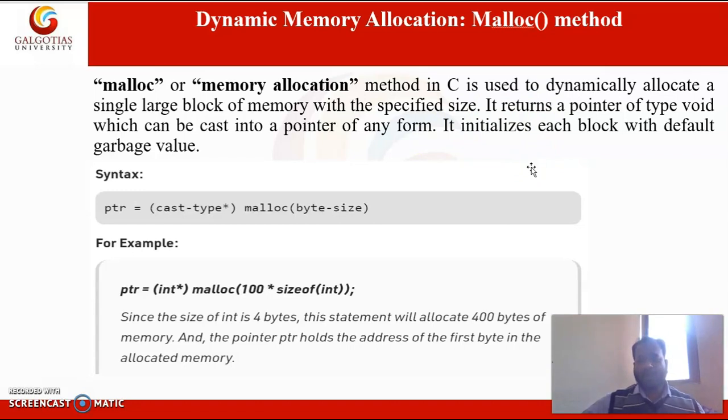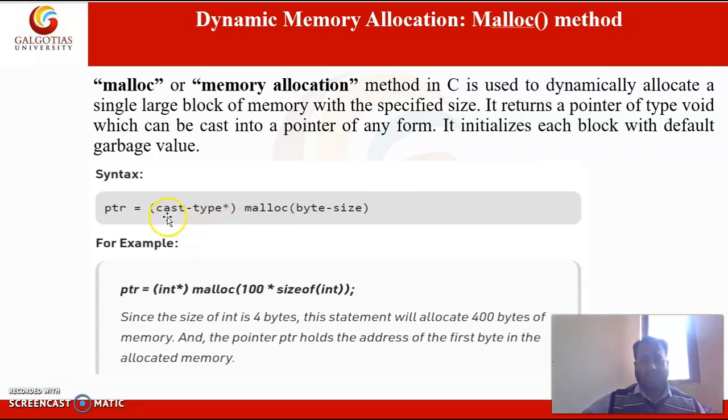It returns a pointer of type void, which can be cast into a pointer of any form. It initializes each block with default garbage values. This is the syntax of the memory allocation method.